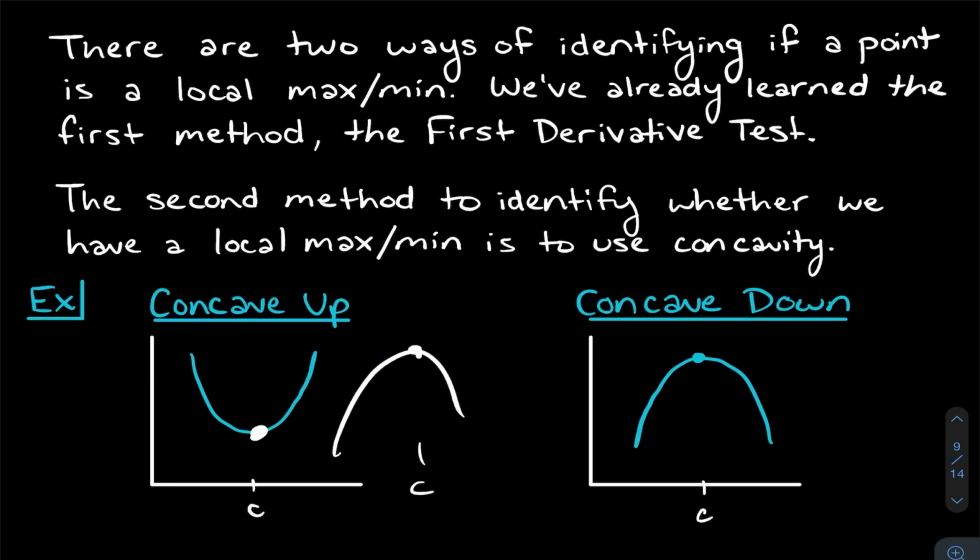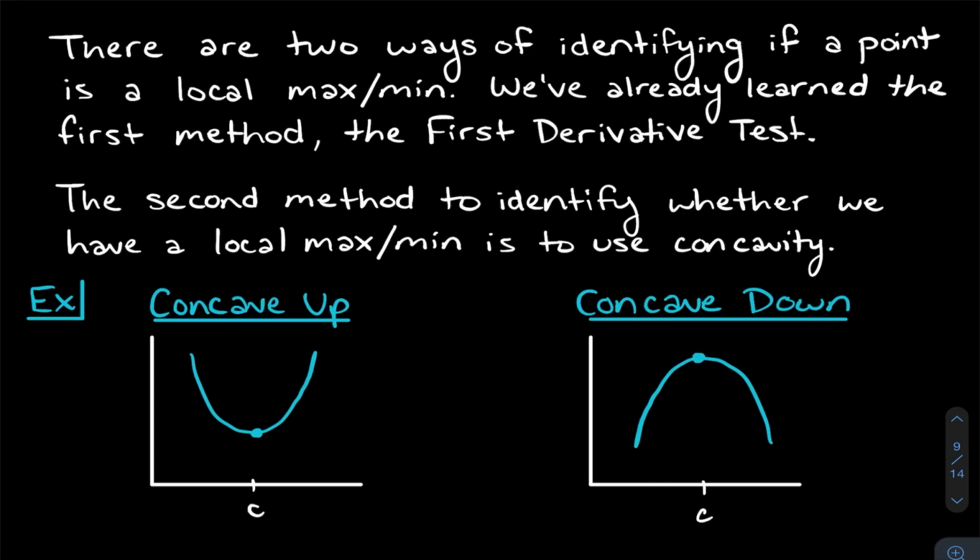That doesn't make sense. Okay, so that right there is basically what the second derivative test entails. That's all it is. If you know that you're concave down at this critical point, you know that you have a max. Okay?